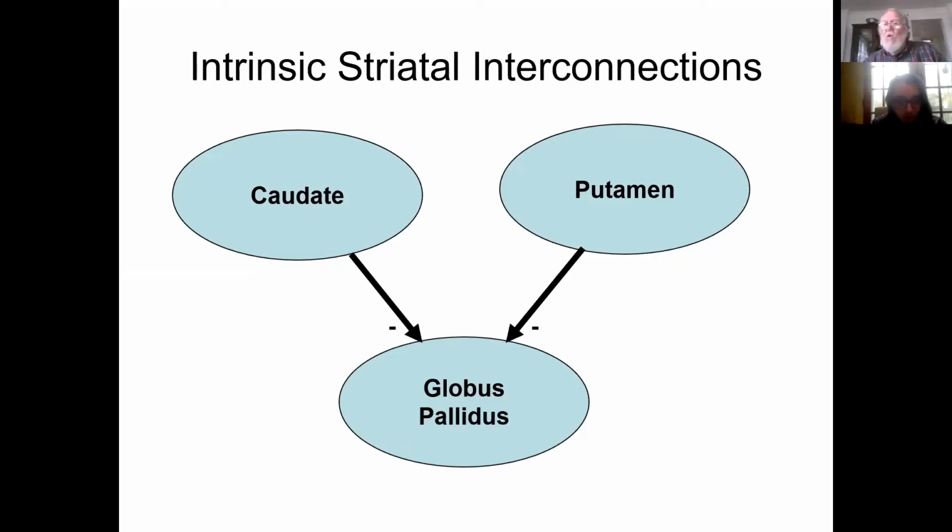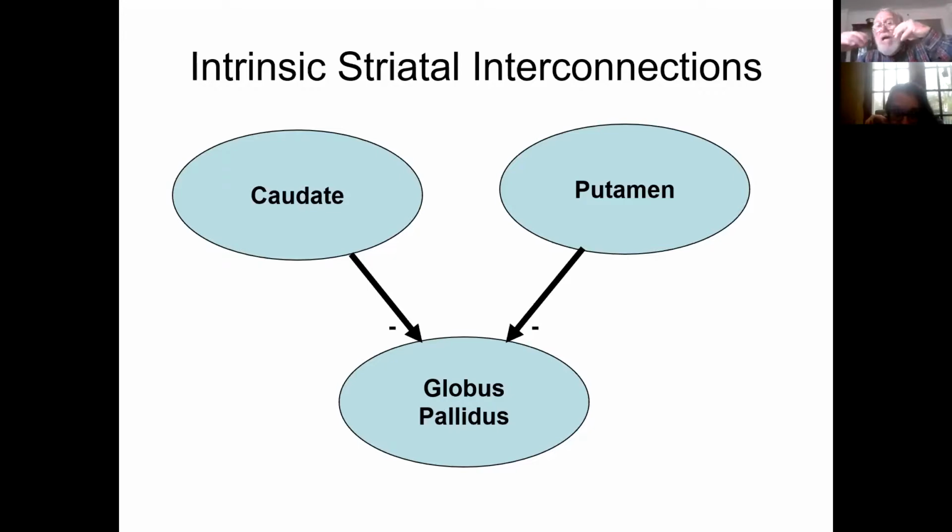And what's their talk? Their talk is primarily inhibitory. You're going to see an enormous number of GABAergic outputs coming from the caudate and the putamen, synapsing on the globus pallidus. They're basically telling the globus pallidus, whenever they're activated, to stop, okay?